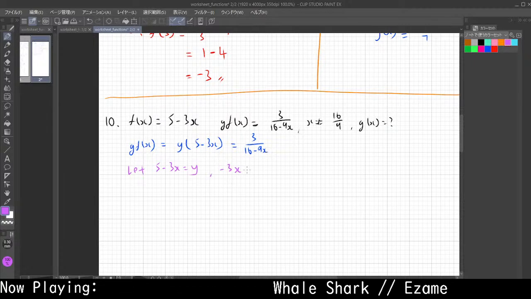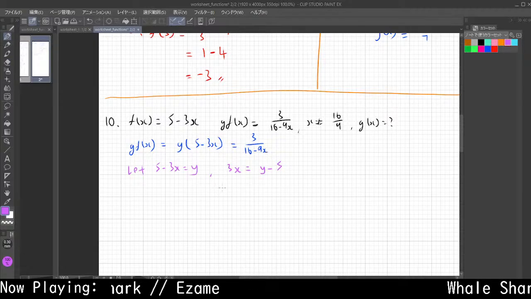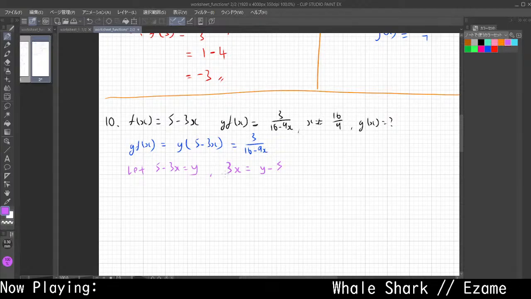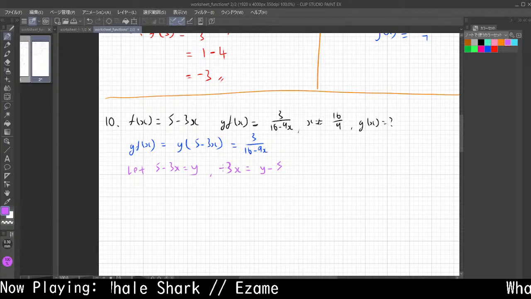Okay, rearrange the terms. Minus 3x equals y minus 5. Some of you make this mistake a bit too much, where you just get rid of the negative sign when you do this. Please do not. The negative sign is attached to the number after it, so it will be negative 3x no matter what, because your x carries the negative 3.